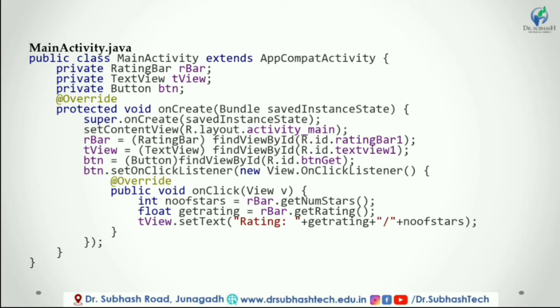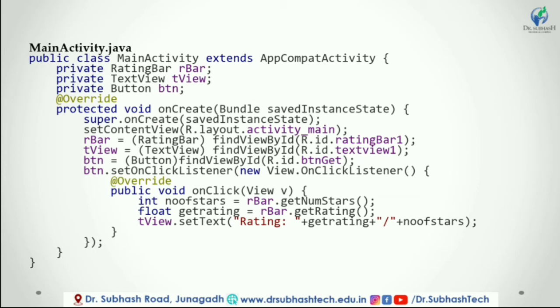Here our XML file name is activity_main.xml. So we used file name activity_main, and we are trying to get the number of stars in rating bar and the selected rating value from rating bar control. Generally, during the launch of our activity, onCreate callback method will be called by Android framework to get the required layout for an activity.